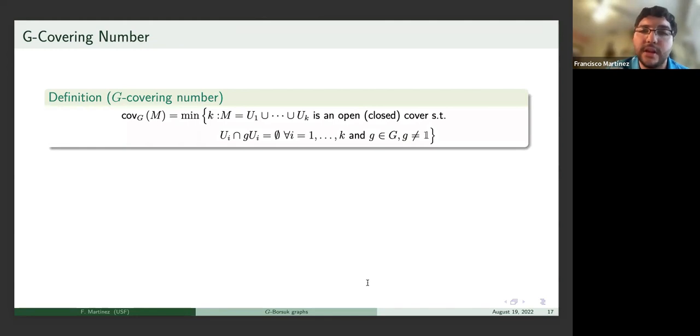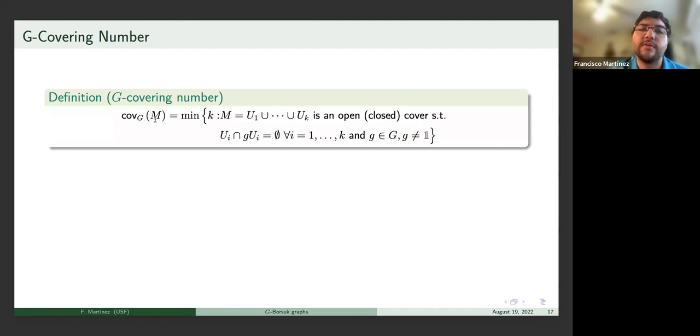In the original Borsuk graph case, we had the Lusternik-Schnirelmann-Borsuk theorem. We would like something similar in this setting, but we don't have that yet, so we can define that number in this way.